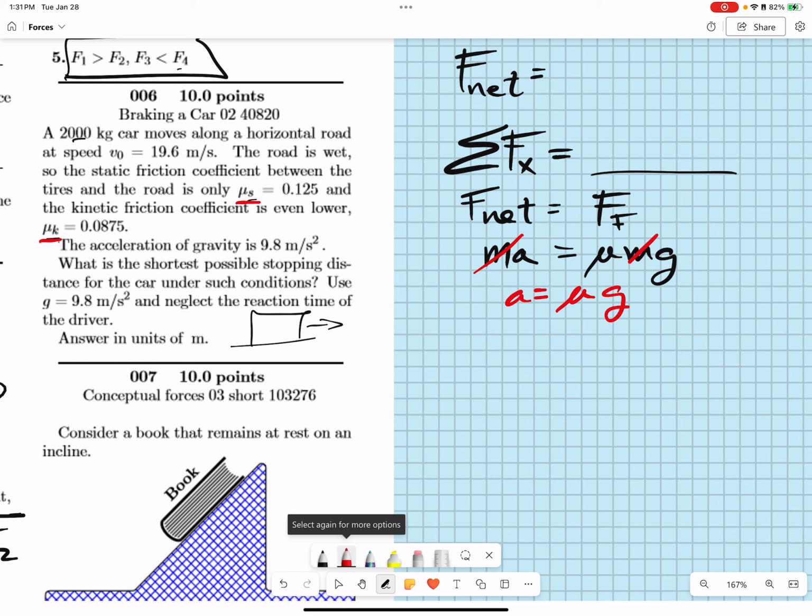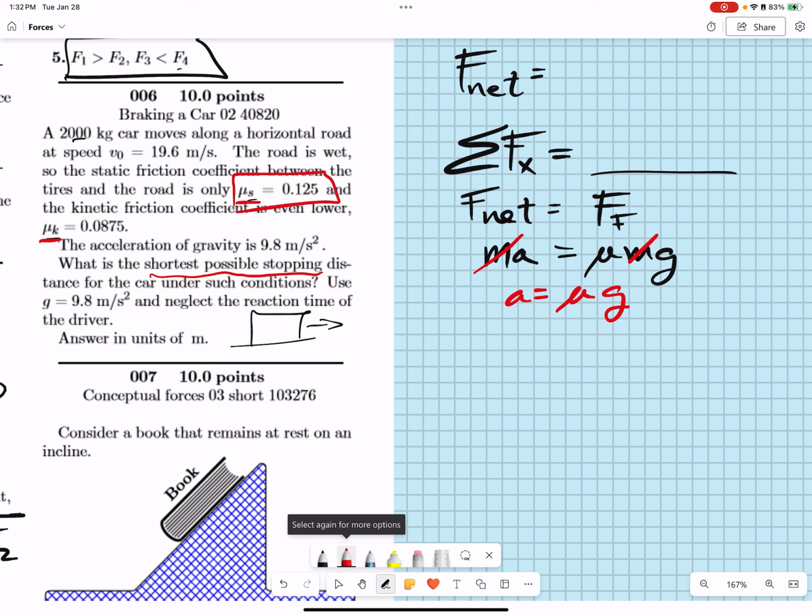When you have kinetic friction, that would mean your tires are skidding. Skidding tires have a lot less friction and will take a longer time to stop or a longer distance. So when it says the shortest possible stopping distance, that means you want to use the static friction here.